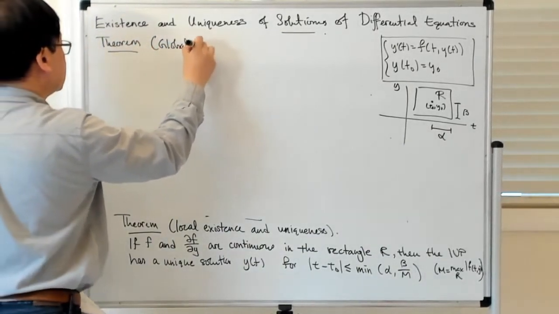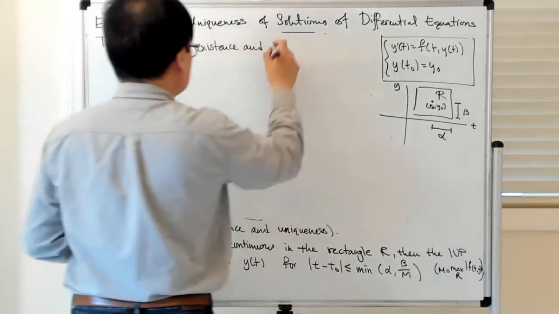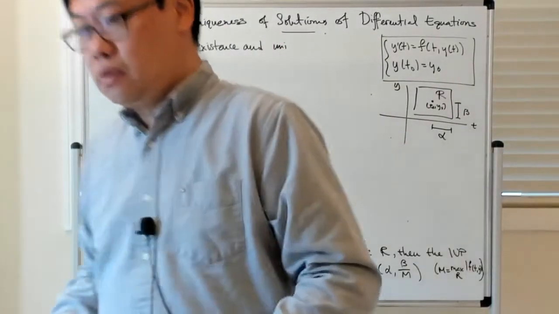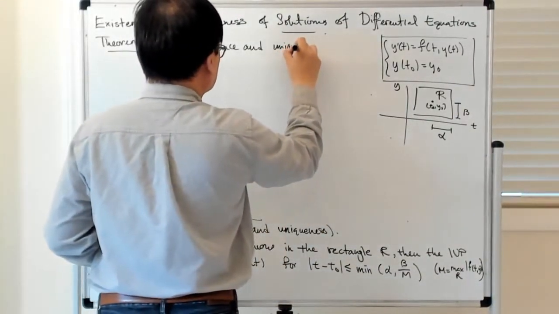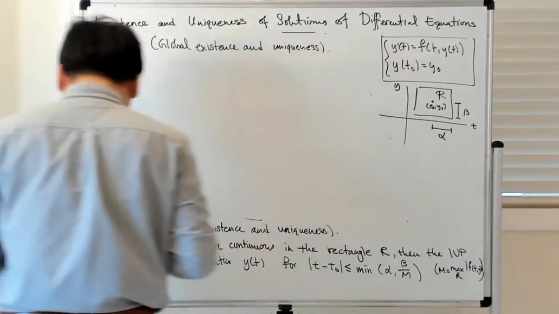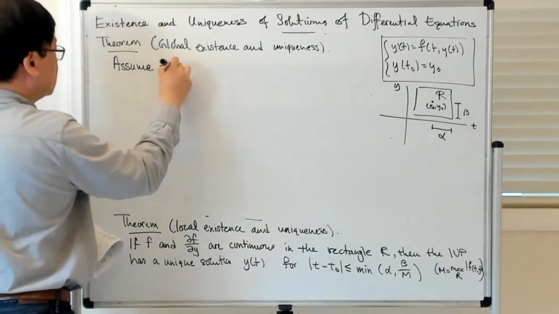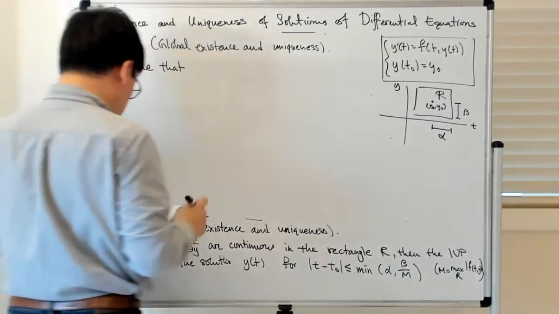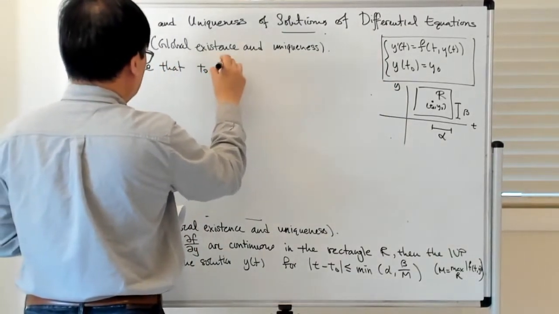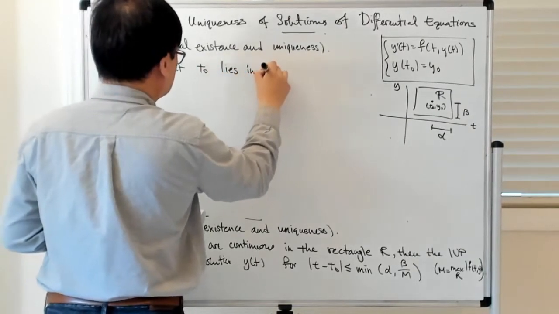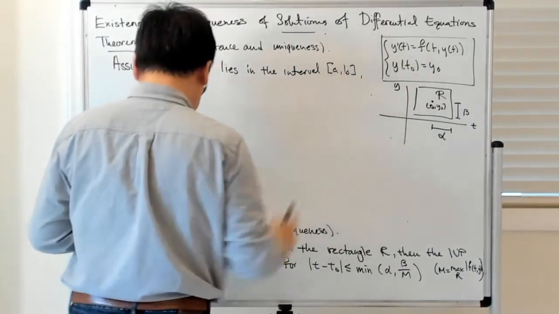Okay, so you assume that t0 lies in the interval between a and b, right?